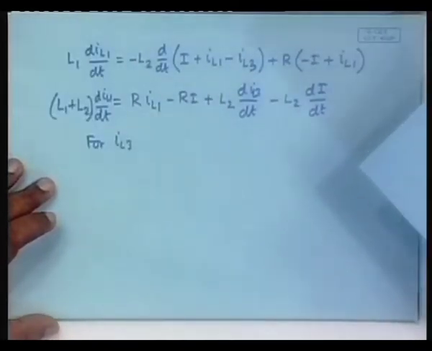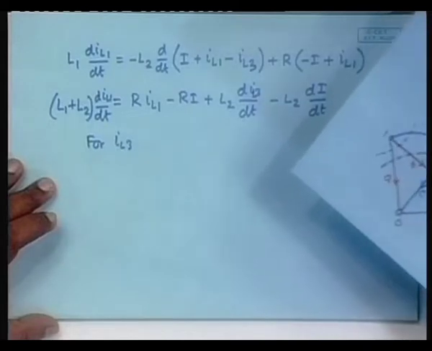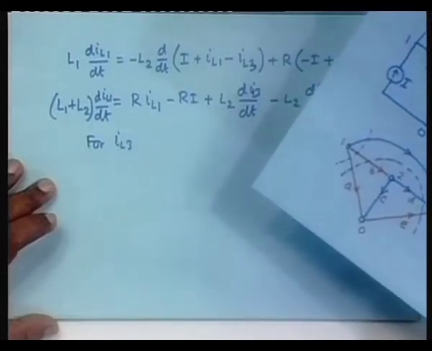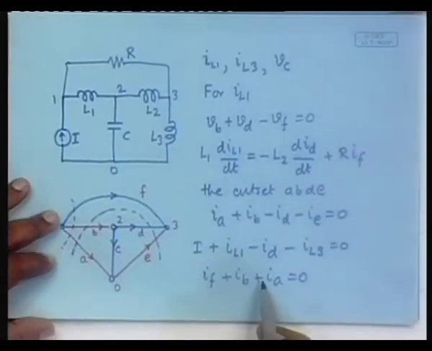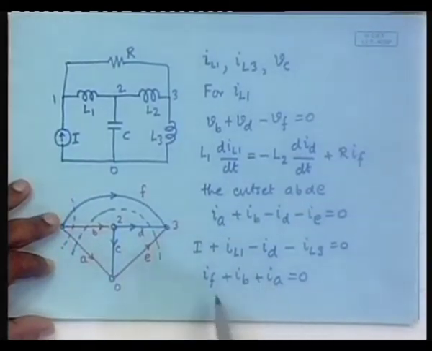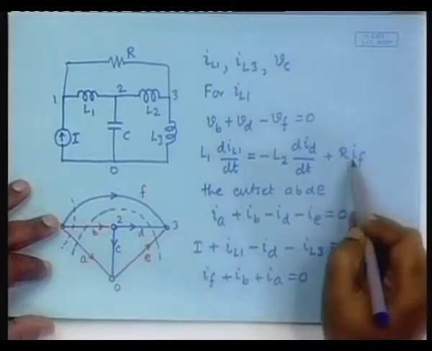So there will be plus I minus IL1. These two will have opposite signs, all right. Yes, sir. But this one goes to this side and it is here.